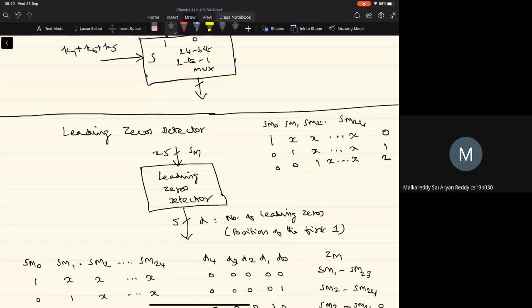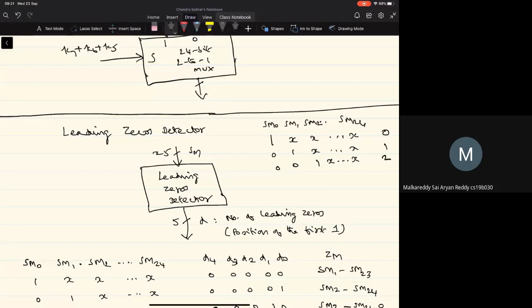So now I want to come up with a circuit which will take this bit sequence SM0 to SM24 and give me the number of leading zeros, because once I get the number of leading zeros, that indicates where the first one is available. And once I get that information, then I know by how many bits I need to shift the binary point and how to adjust the exponents. So now what we need is a circuit to perform this operation of detection of the number of leading zeros.